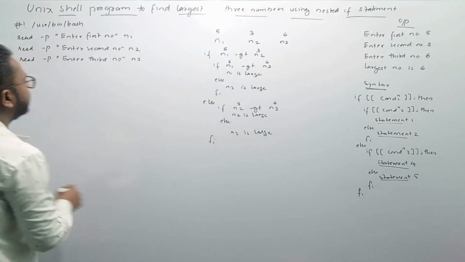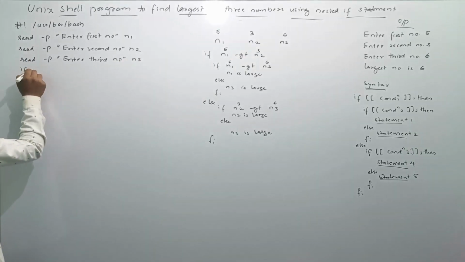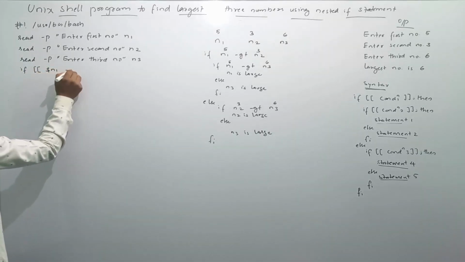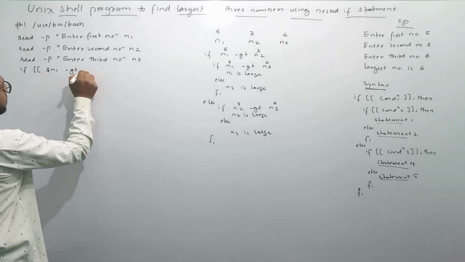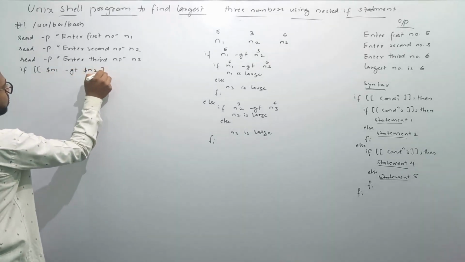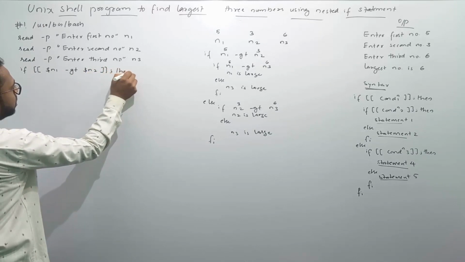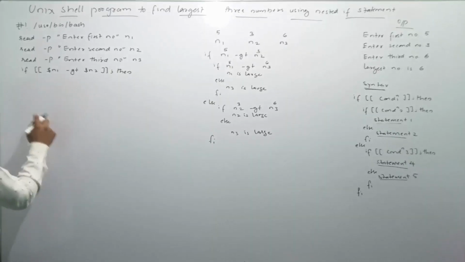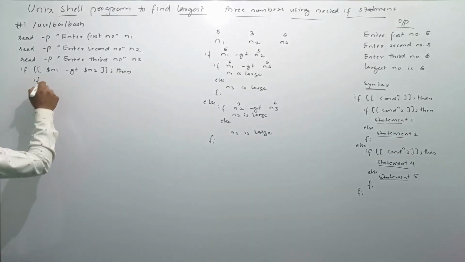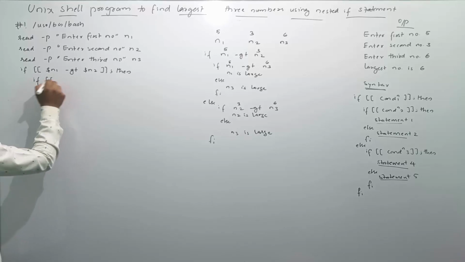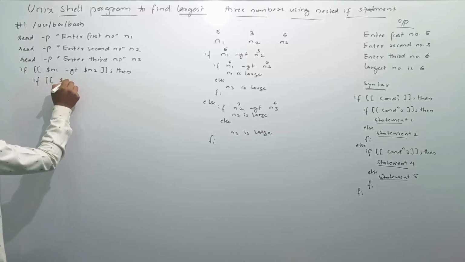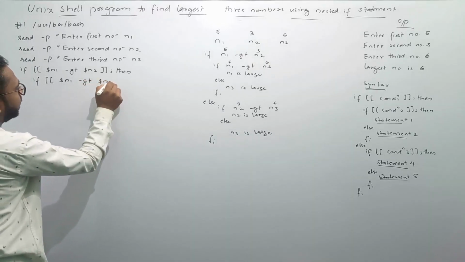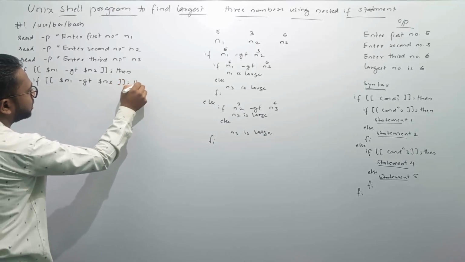Then I will write this logic: if 2 open square brackets $n1 -gt n2 semicolon then. First I am making the comparison between n1 and n2. If this condition becomes true, then I will come inside the if to check for one more condition: if open square bracket $n1 -gt n3, close these two brackets.